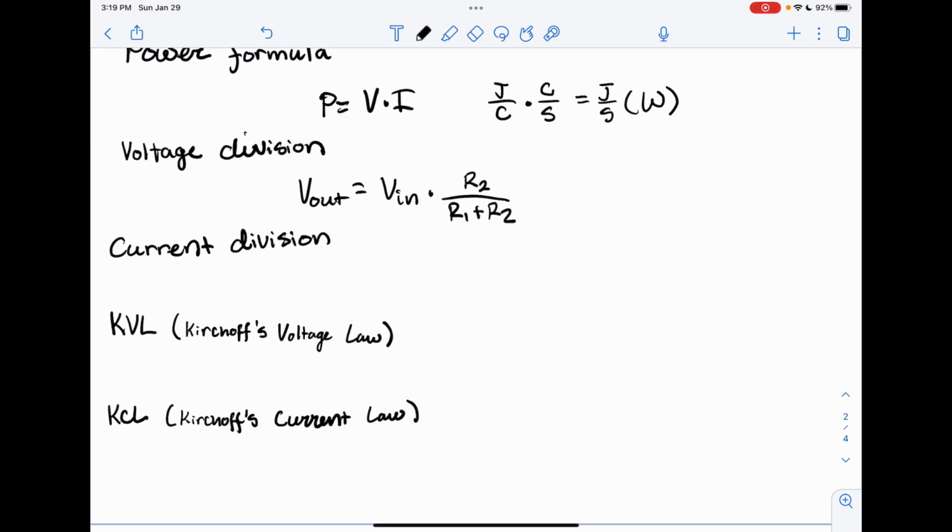And then in this case, I2 is equal to IS times R1 over R1 plus R2. Again, we will come back to these later, so I know you're not entirely certain where those come from.